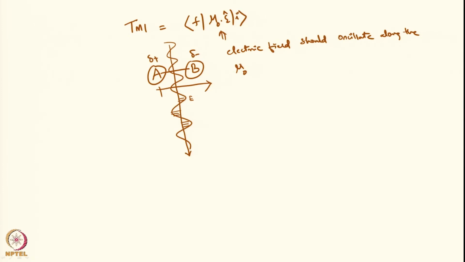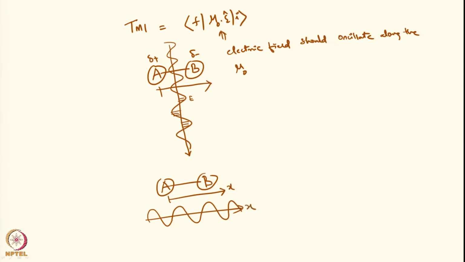because you can always have a projection along that axis. However, if you have A and B and your direction of propagation is like this, your electric field is like this and your dipole moment is like this. Okay. So the dipole moment is along, let us say, the x axis, and the propagation of light is along the x axis, then your electric field will be along the z axis, let us assume.